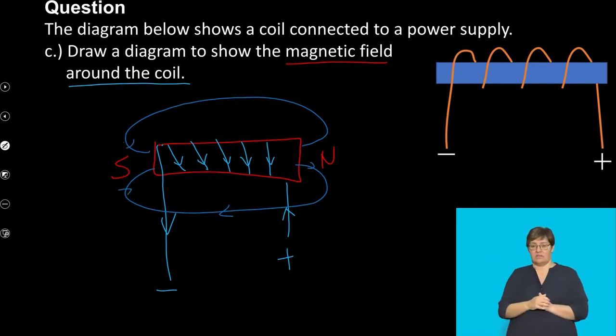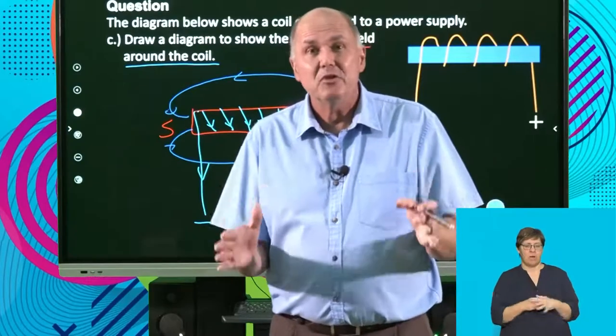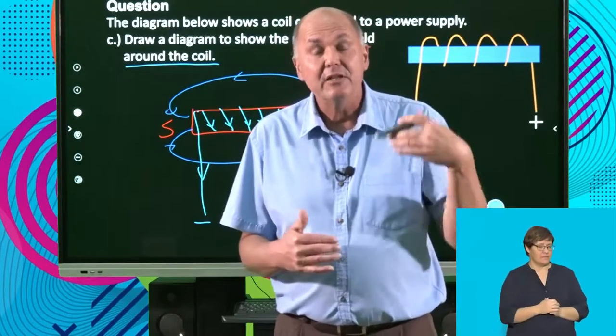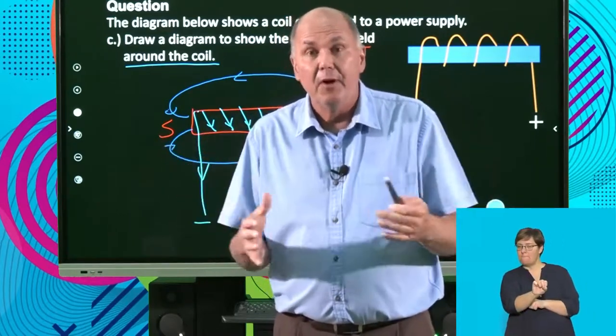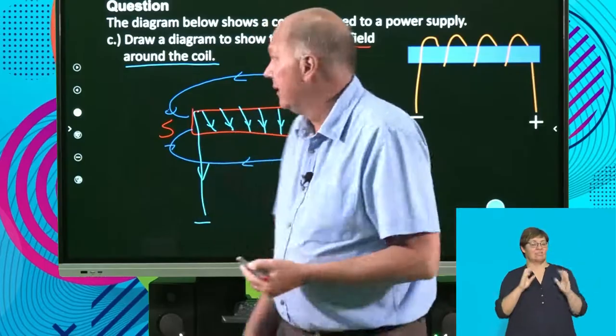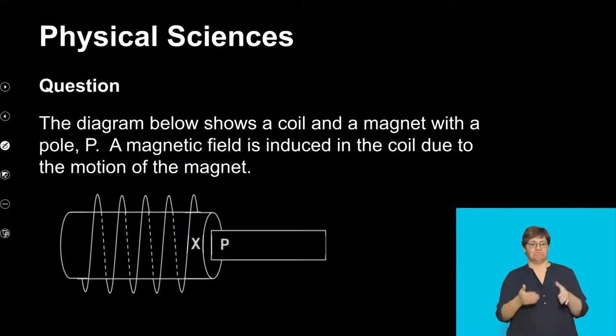So they're going to come in at the south and they're coming out at the North Pole. Right. I think we've covered that question, which was quite an interesting question, and it's important that we recognize this phenomenon of electromagnetism. Let's have a look at the next question.